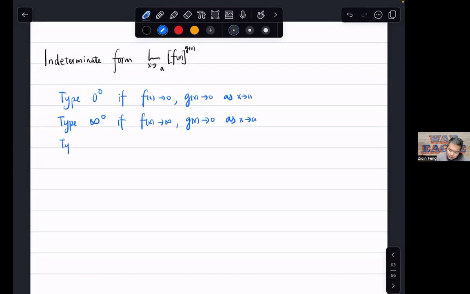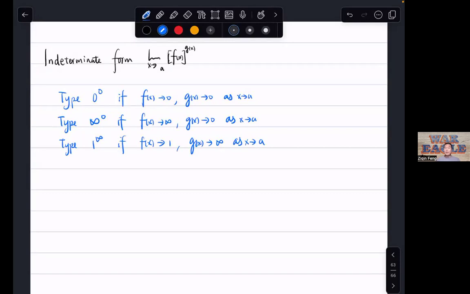Or the type 1 to infinity, if the base f of x goes to 1 and g of x goes to infinity as x goes to a here. So these are the three types of indeterminate form, exponent form.